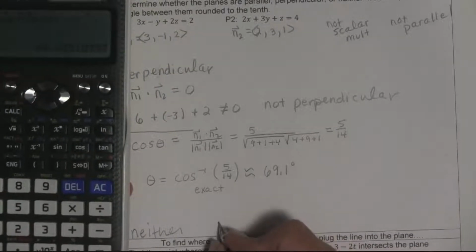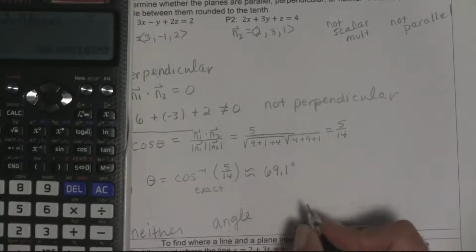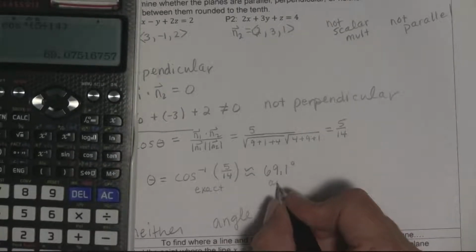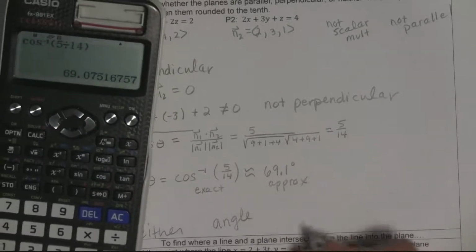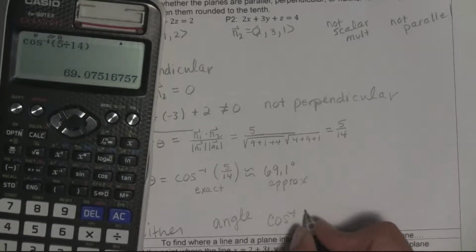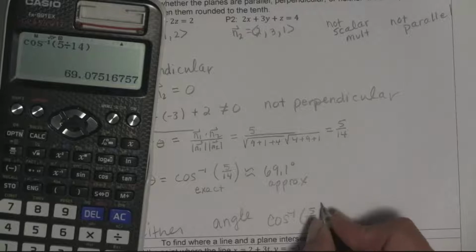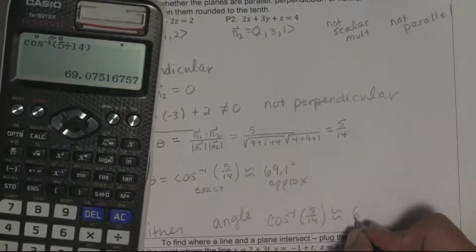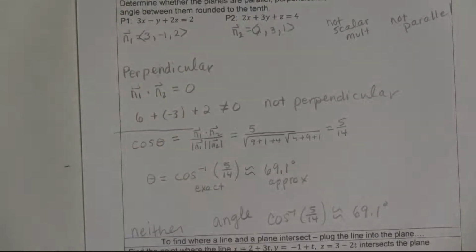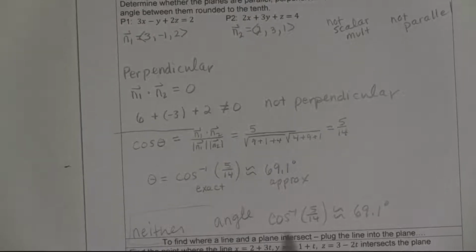So the angle, approximated, is cosine inverse of 5 over 14, which is approximately equal to 69.1 degrees. So we did a lovely job on that, so I'm answering both questions. Neither parallel or perpendicular.